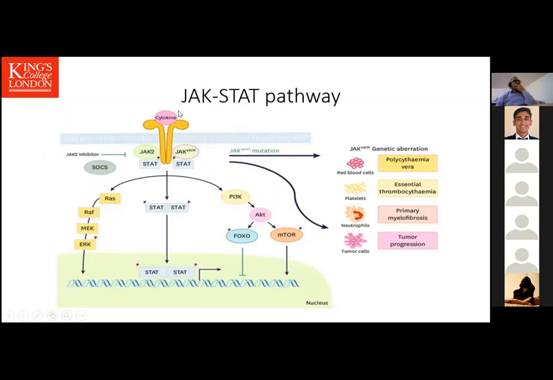This is a cartoon of the JAK-STAT pathway. So here you have got cytokine signaling and a receptor which instigate the JAK-STAT pathway, and the JAK-STAT pathway then in turn causes replication of the cell. So we have got JAK1 and then JAK2. JAK1 is a proliferative domain, and JAK2 is an inhibitory domain.